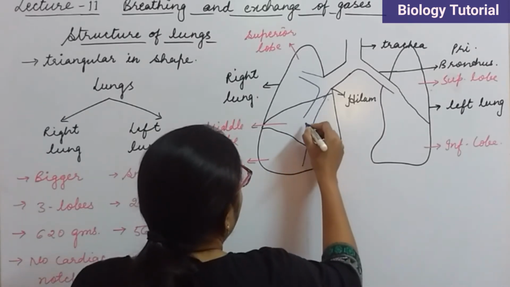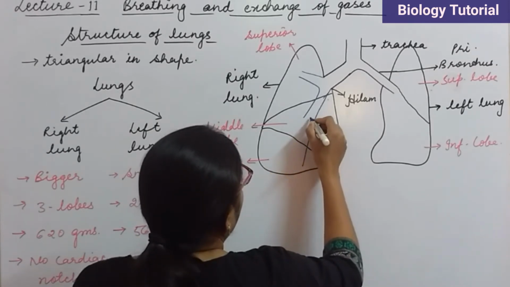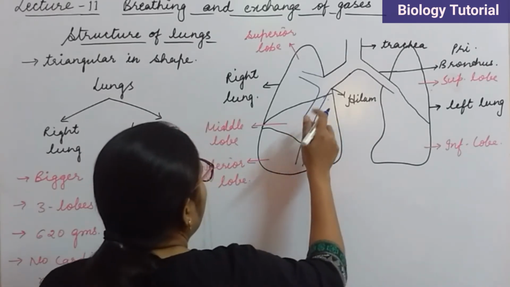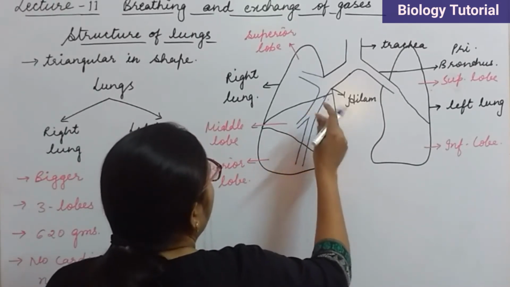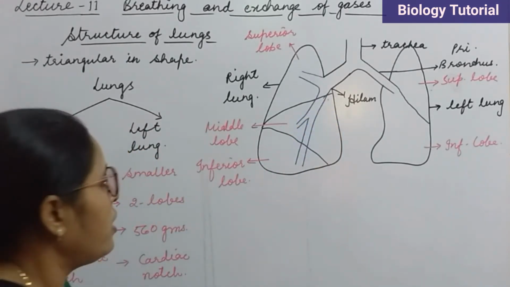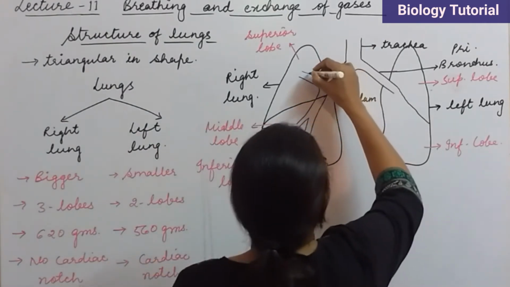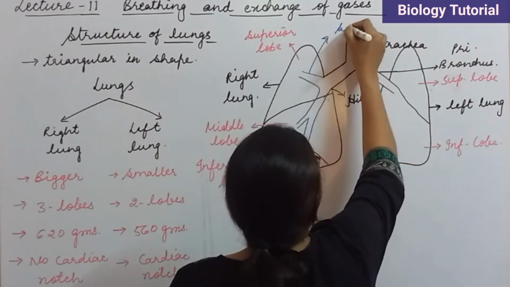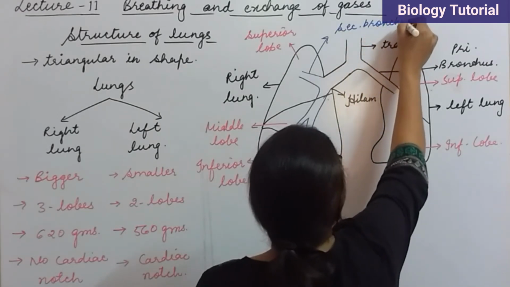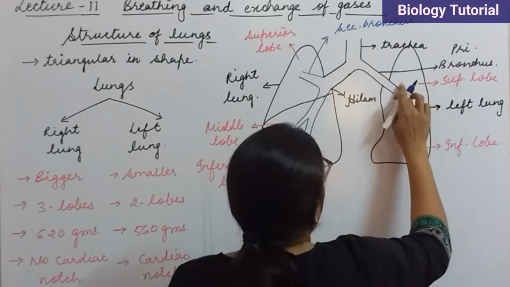Clear? So these are the 3 branches, and they are called secondary bronchus.